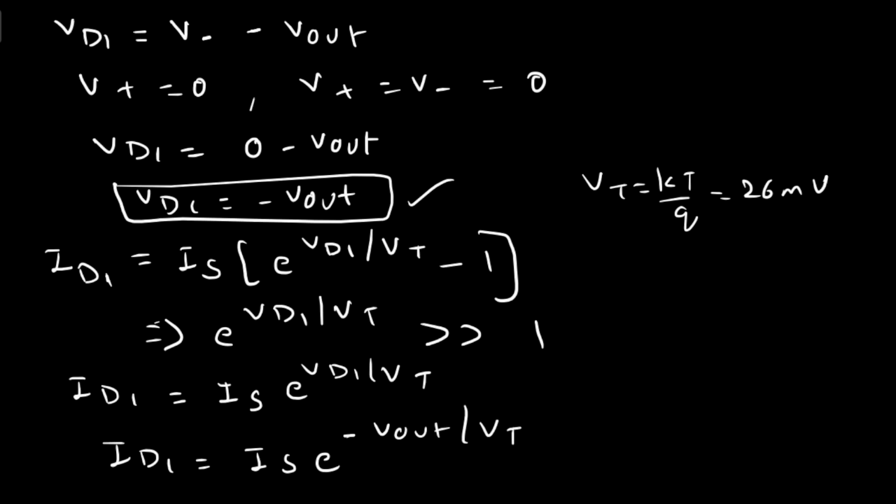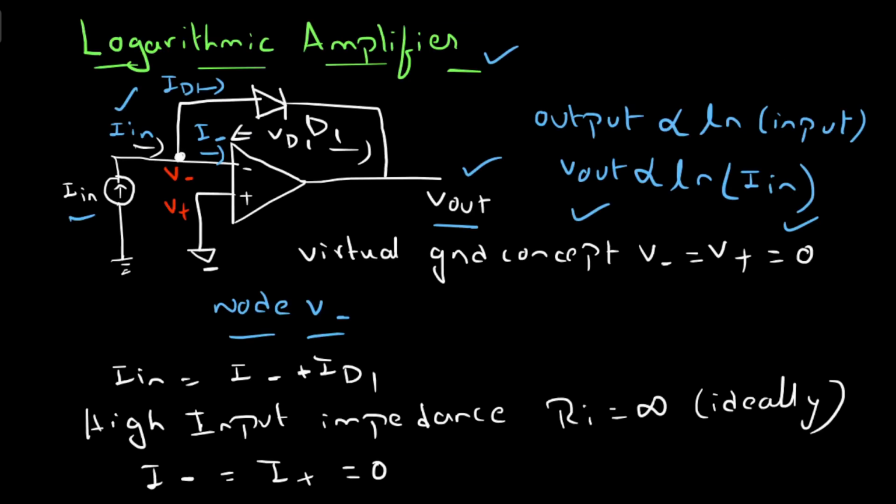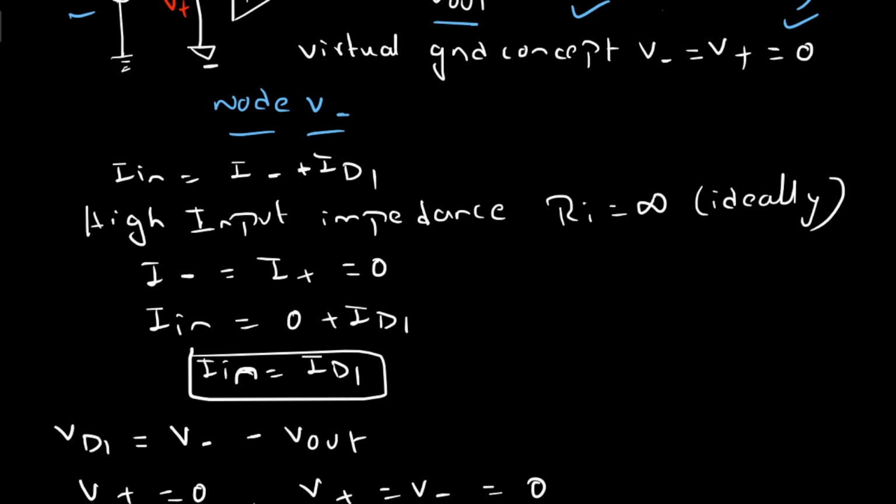But here it is a logarithmic amplifier. We have to prove that the output voltage is proportional to the logarithm of the input current for this circuit. We also know the relationship between ID1 and In: In equals ID1.